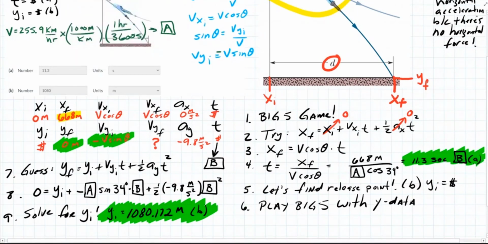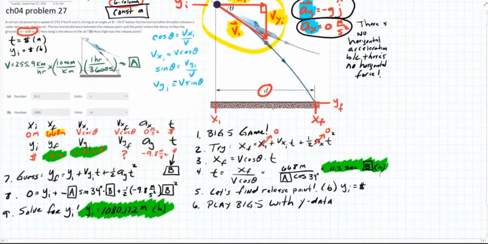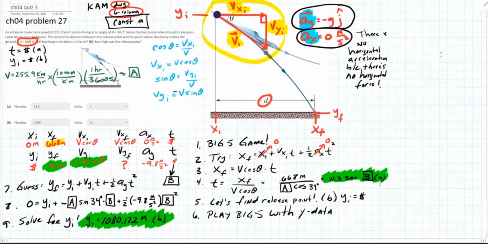Let's see how everyone's doing. Gradebook says Chapter 4, Quiz 3.